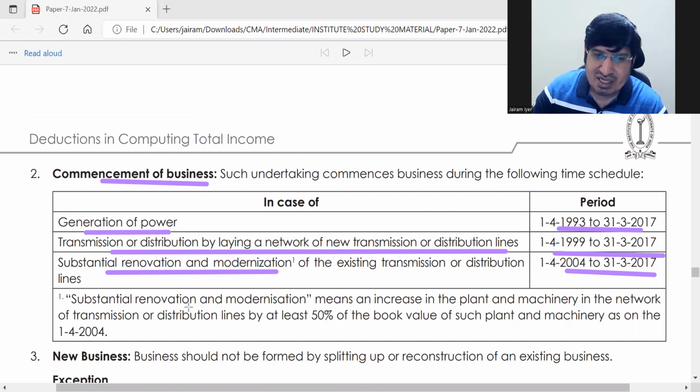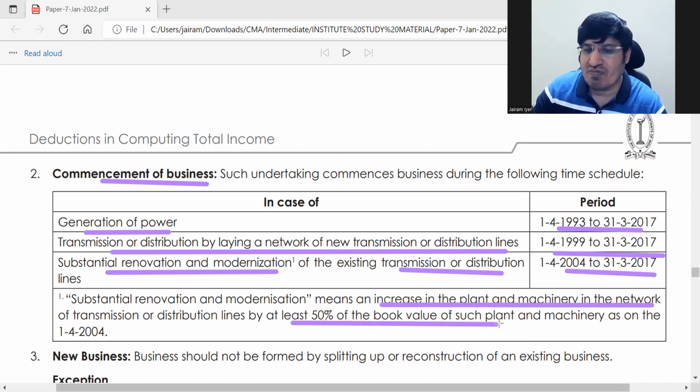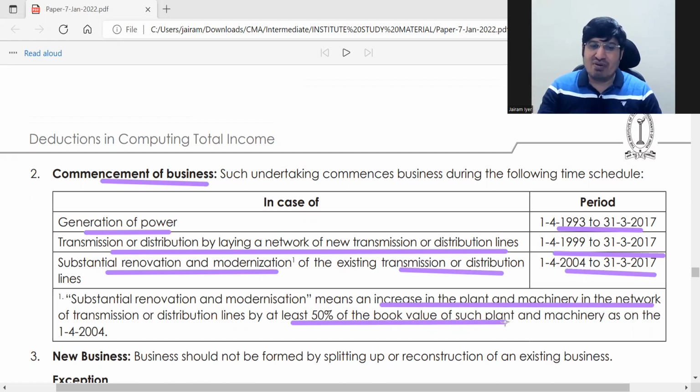It means that whatever transmission and distribution lines you are laying, you have to increase the plant and machinery in the network by at least 50% of the book value of plant. 50% is added. So that will be considered a substantial renovation and modernization.